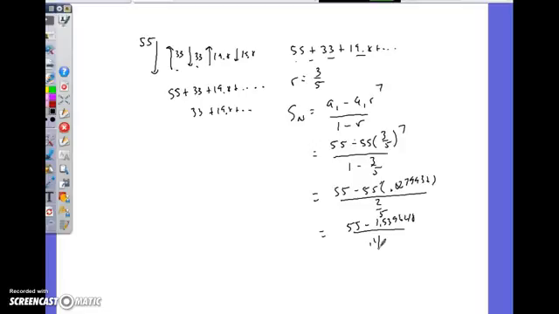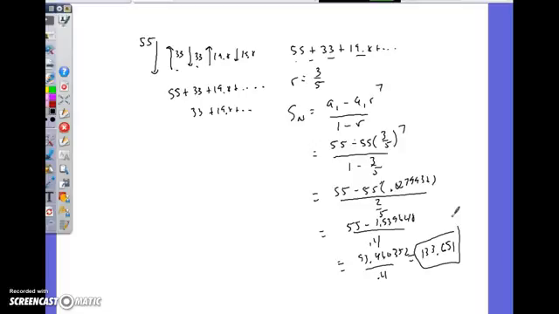So 55 minus that gives me 53.460352 divided by 0.4. Divide that by 0.4, and I get a lovely 133.651. Probably should bother with decimals, fractions, but I'm not going to at the moment.